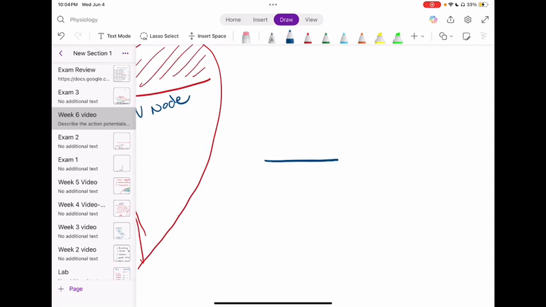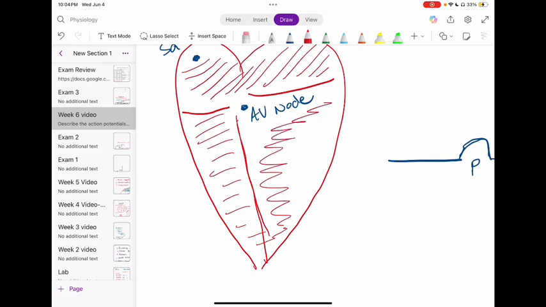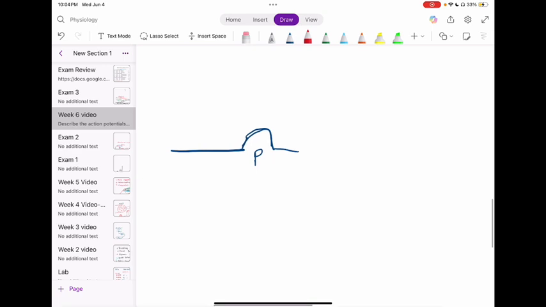It's going to look like this. It's kind of flat, and it has this little bump right here. Call this the P wave. As that signal keeps going down, there's all except this side piece right over here, and this will make up the next part.